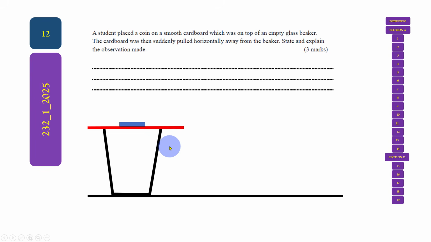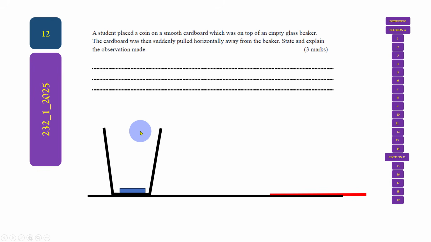Let's play the simulation. When we push this card away, we find that the coin falls to the bottom of the tumbler. It takes the same amount of time for this object to hit the ground as the coin. So I have deliberately slowed it down so that we can see that the moment this one lands, it is the same time the coin takes to hit the bottom of the tumbler. All right? So how do we explain that?